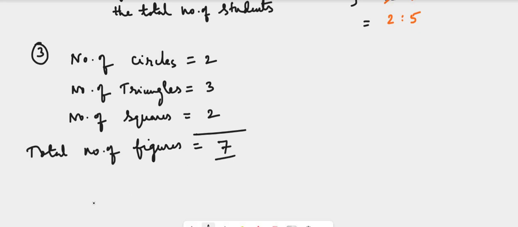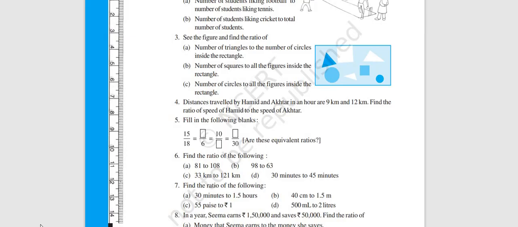Now you have to calculate the given ratios. Now if you see the first question, find the ratio of number of triangles to number of circles.